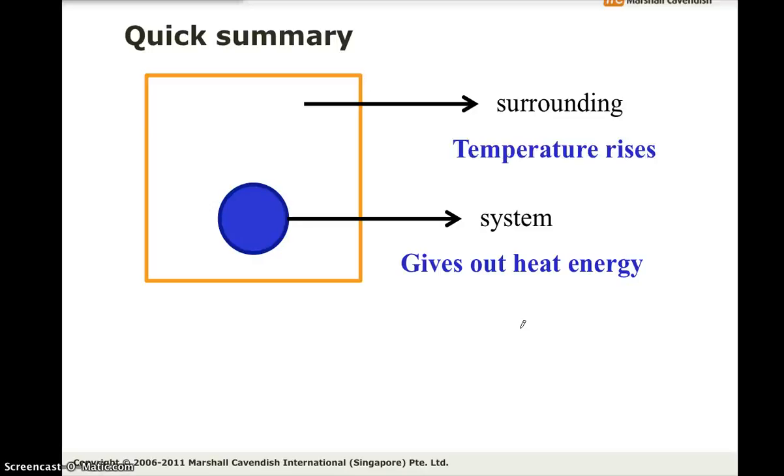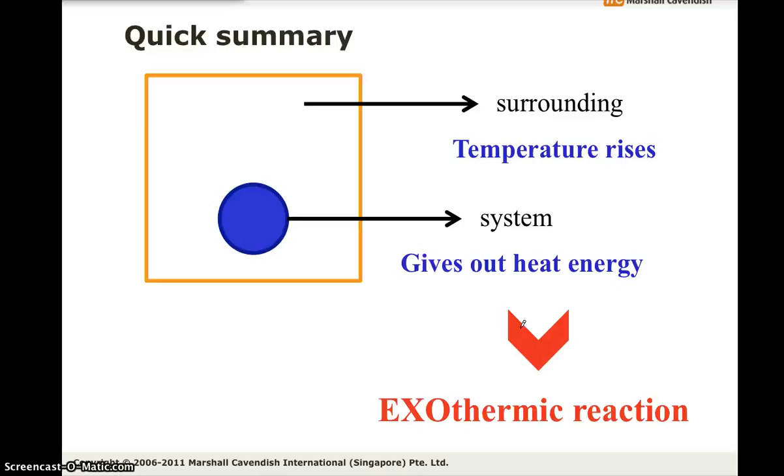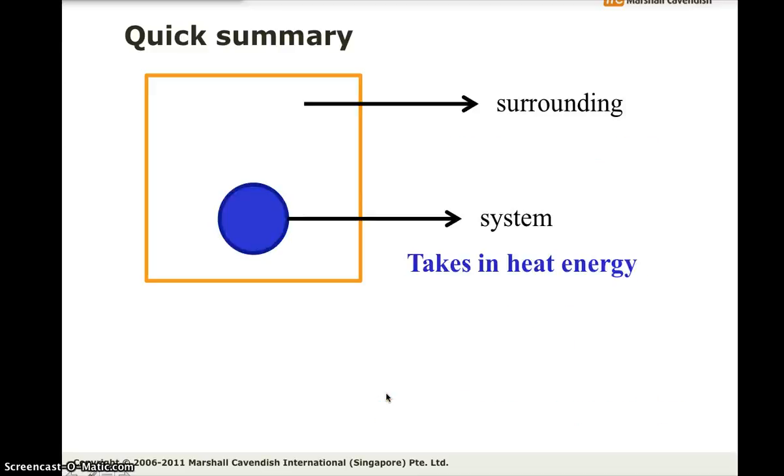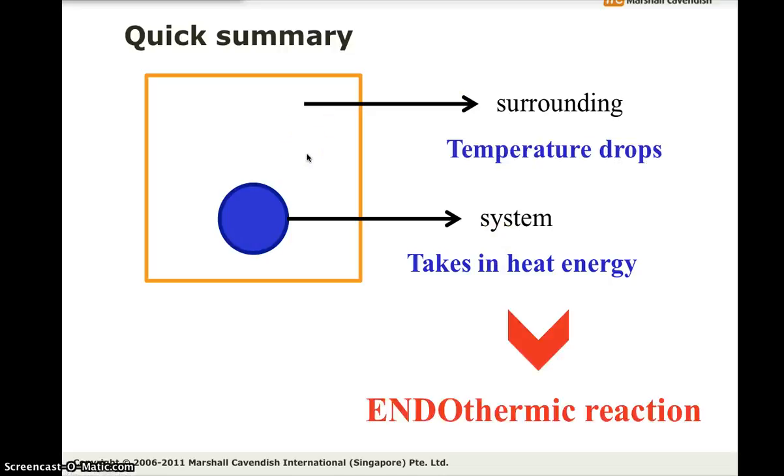So this reaction we call exothermic. That means heat energy is given out. On the other hand, when the system takes in heat energy from the surrounding, temperature of the surrounding drops. So this we call endothermic reaction, right? Heat energy enters the system.